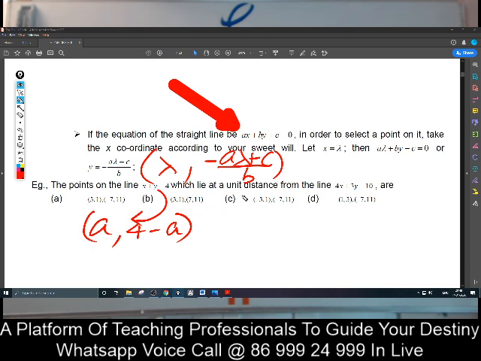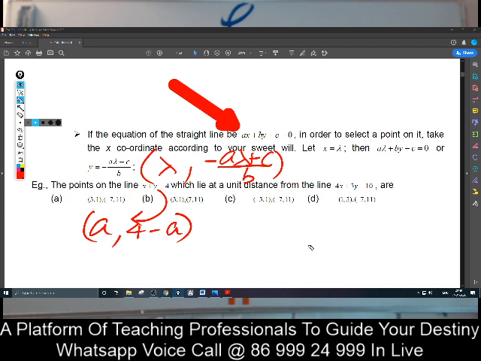And according to the question, the point on the line lies at a unit distance from the line. Means its distance is 1 unit from the line given. So let us find out the distance here.